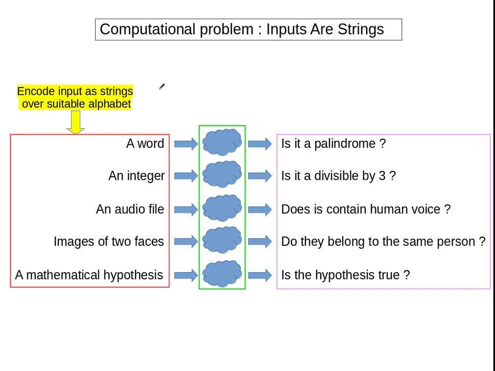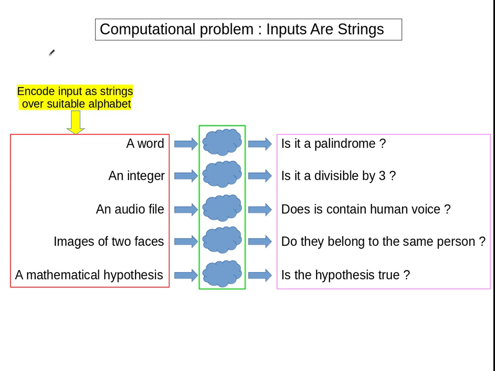Okay, so again coming back to this picture, now we have decision problems, and we know what a computational problem is. So the inputs are coming from some universe. Now in the previous lecture we saw that these inputs need to be encoded as strings.